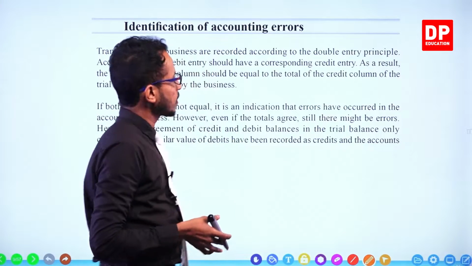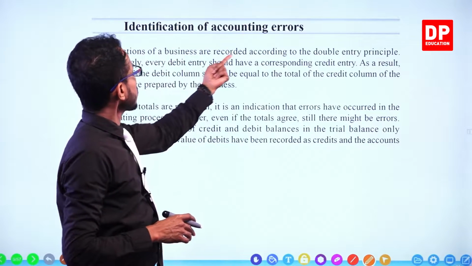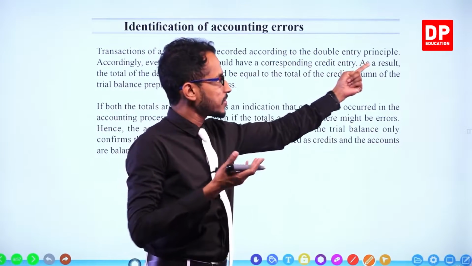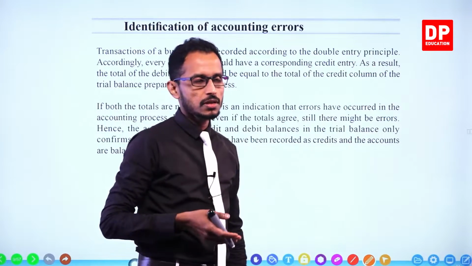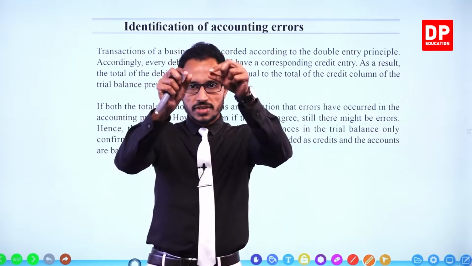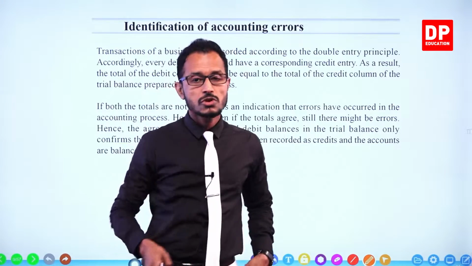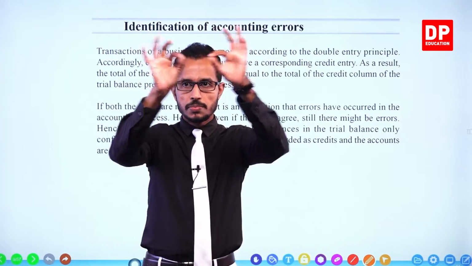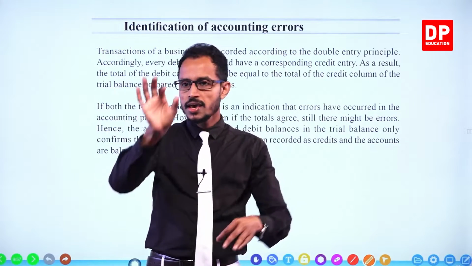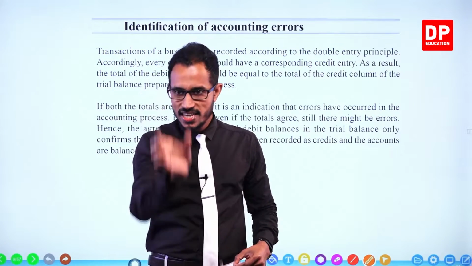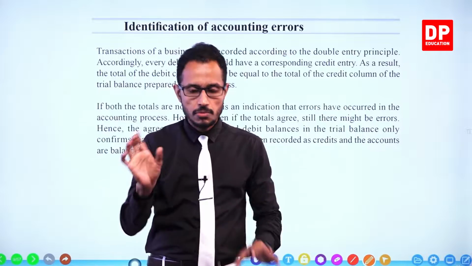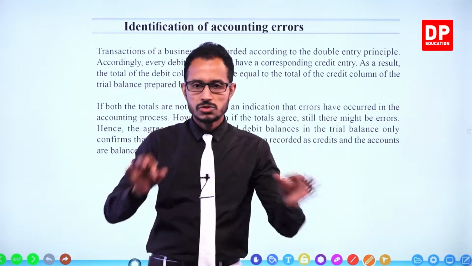Simple as that. Transactions of a business are recorded according to the double entry principle. We take from the prime books of a business, and the monthly or weekly addition totals from prime books we transfer to the ledger accounts.